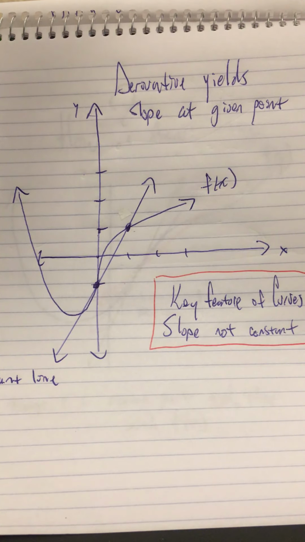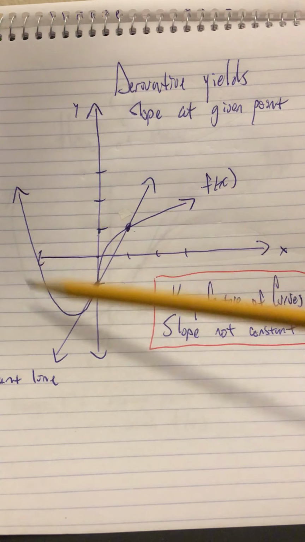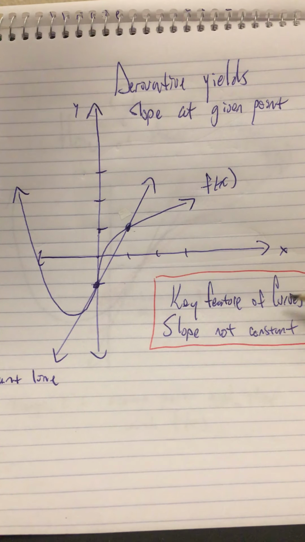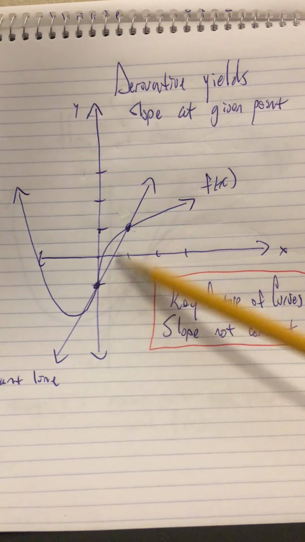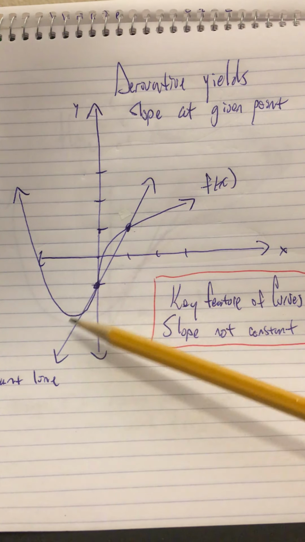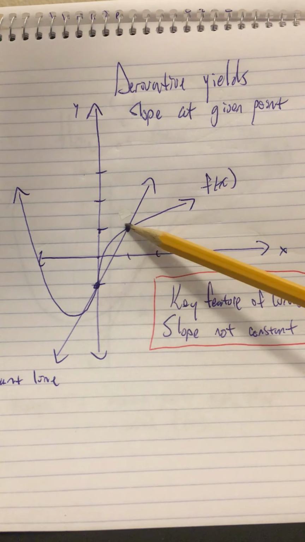So if the derivative yields slope at a given point, that's what it does. But see, curves have the key feature of not having the same slope all the time. So how are we going to get the slope at a given point when it takes 2 points to calculate its slope? I can get the slope of this line because I have 2 points.